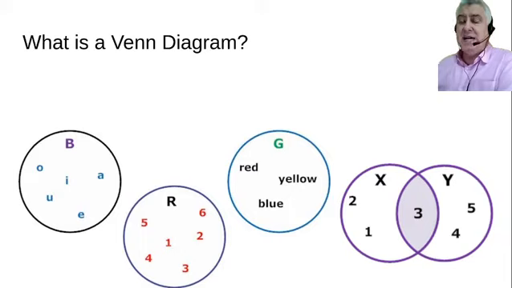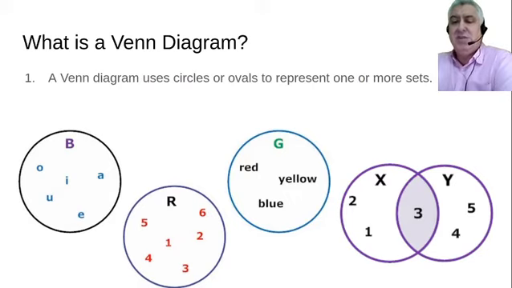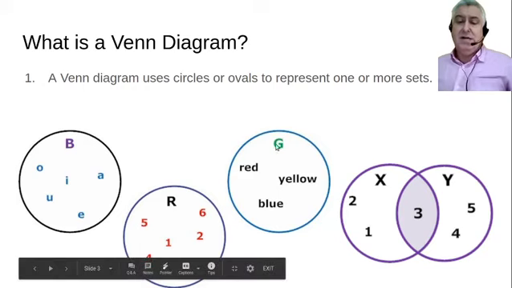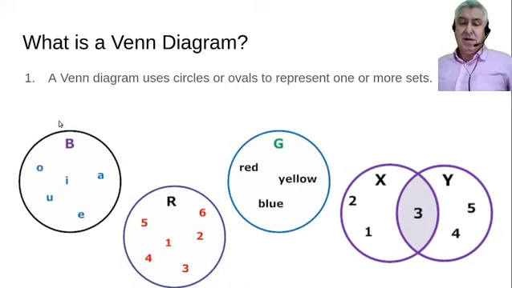So what is a Venn diagram? I'm sure you've seen them, and we'll talk about maybe some ways that you've seen them before in some classes. But a Venn diagram generally has circles, and we draw circles or ovals, and we label the set. In math, it's on the inside, but sometimes in some other kinds, it'll be sitting there at the top of the circle.